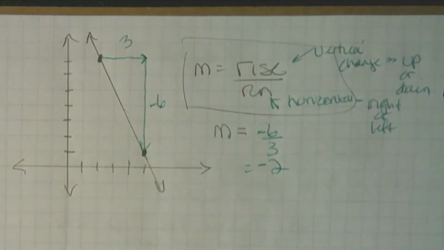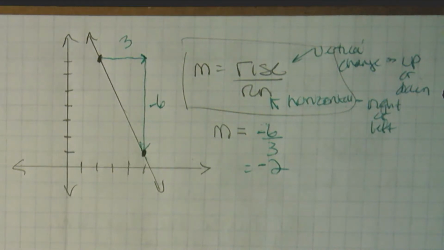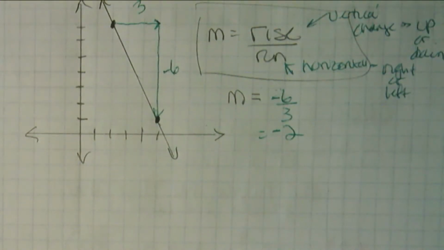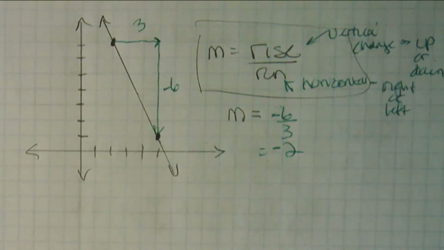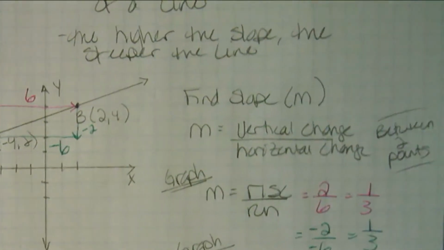All right, so this is an example of how to find them using the slope, rise over run, versus the equation. All right. What do you notice in our first one? What was our slope? In the first one that we did, what was our slope?